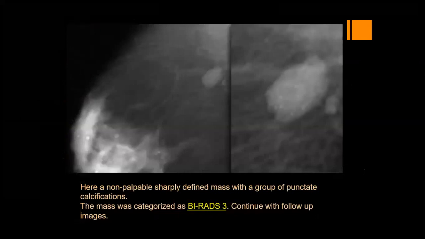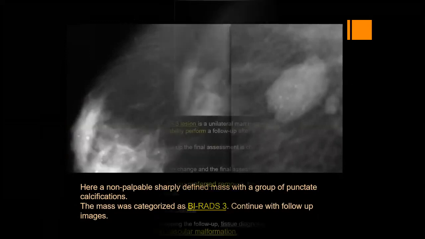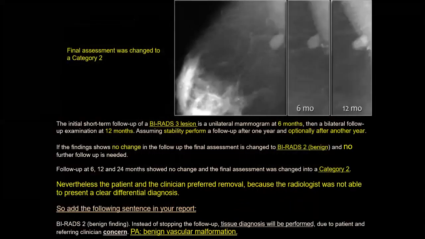Okay. This lesion is circumscribed with associated punctate calcifications. It was not palpable, reported as BIRADS 3, and it was stable on follow-up after 2 years, then shifted to BIRADS 2 benign. However, the clinicians and patients wanted to do a biopsy. Why?